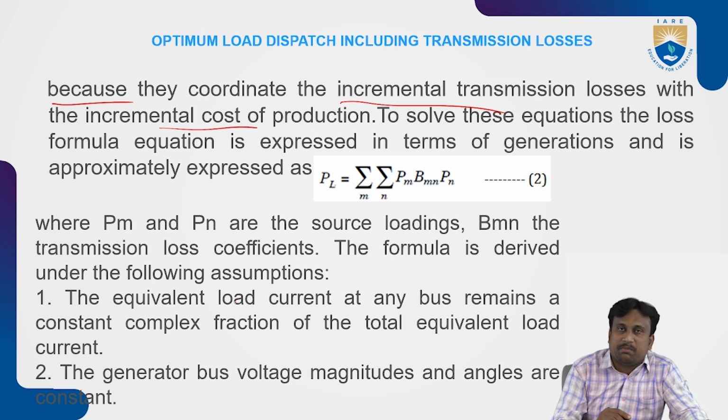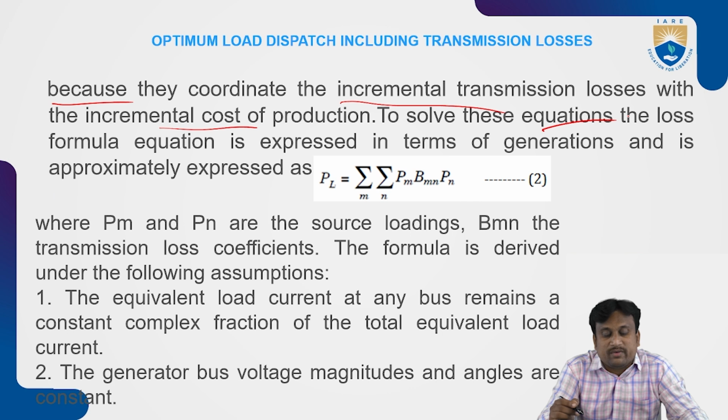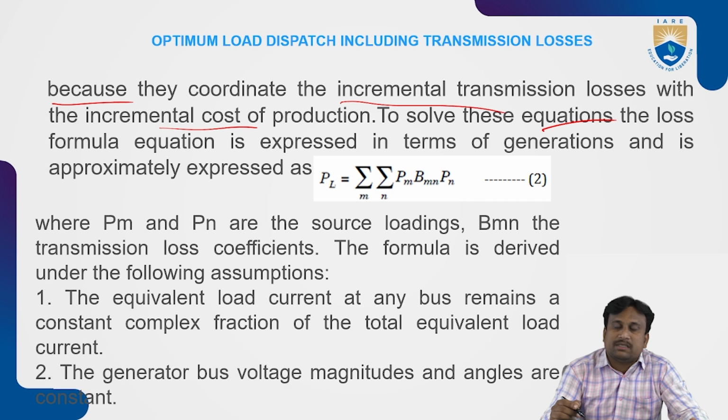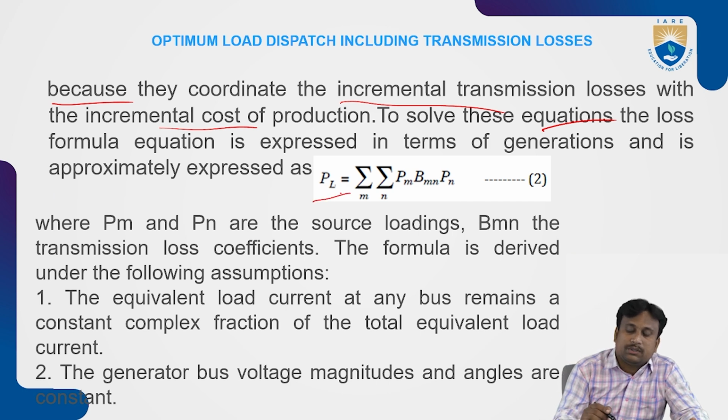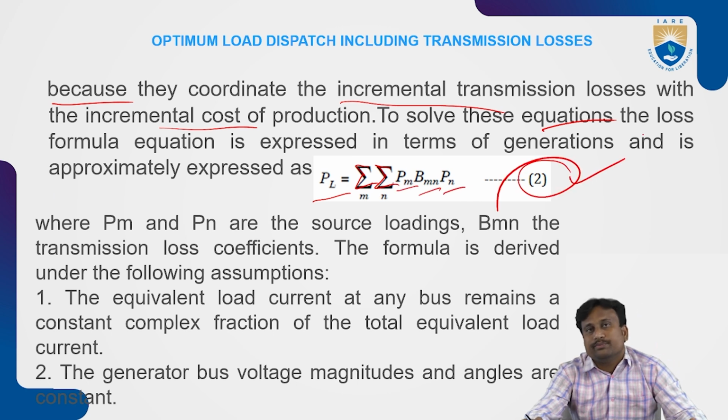To solve such equations, the loss formula is expressed in terms of the generation, and it is approximately represented as PL equals summation m summation n Pm Bmn Pn, which is equation 2.